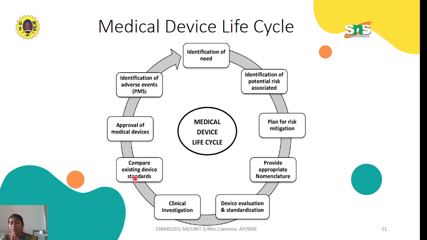Once you are done comparing and everything is meeting your device performance, only then do you go for the medical device approval stage. Here you go for the regulatory approval process, as we discussed in the last class. Under different categories you have different steps for approval.